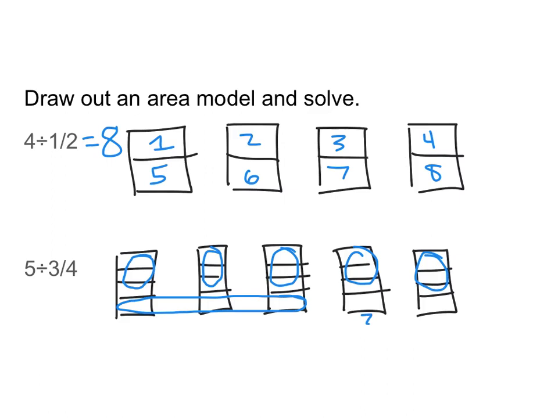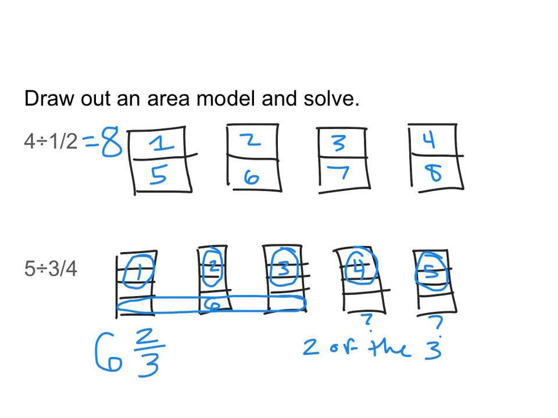But now I'm left with 2 extras. So far I had 6 wholes, and then I had 2 of the 3/4 that I need. So that means that I have 6 2/3.